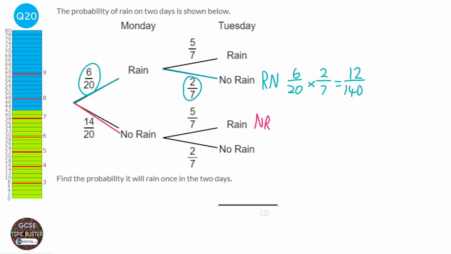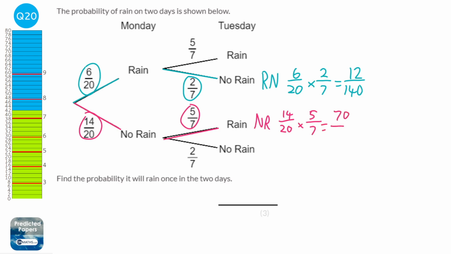And to work out the probability, it will not rain on Monday and rain on the Tuesday. We're just going to multiply the 14 over 20 by the 5 over 7, and so that would be 14 over 20 times 5 over 7, and that will give us 70 over 140.